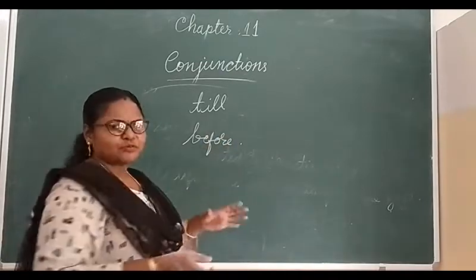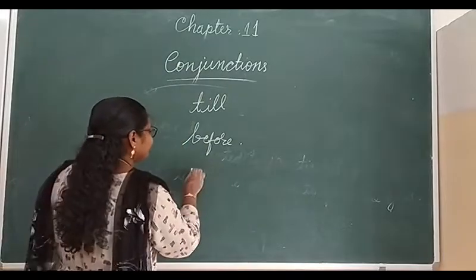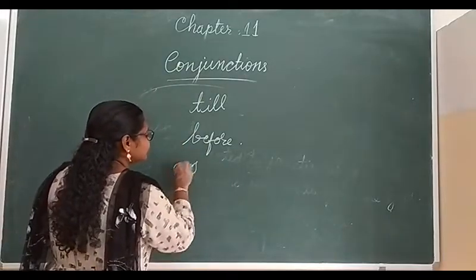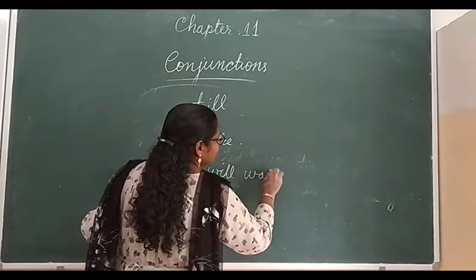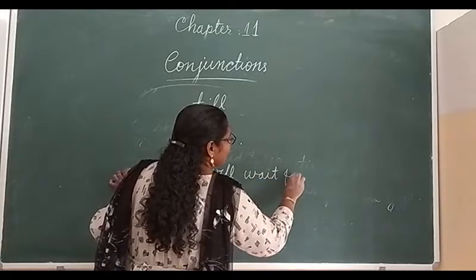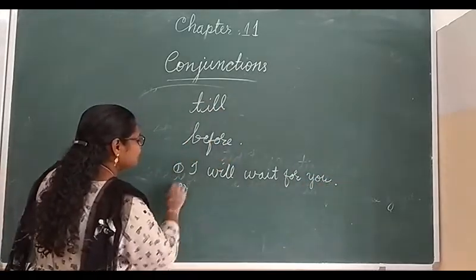These are some one-word conjunctions like this. Till. I will wait for you. First sentence we can write here: I will wait for you. Then the second sentence.